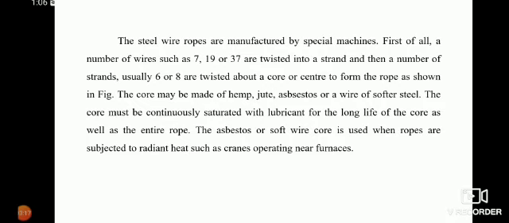The core may be made of hemp, jute, asbestos or a rod of softer steel. The core must be continuously lubricated for a long life of the core as well as the rope. The asbestos or soft steel core is used when the ropes are subjected to radiant heat, such as cranes operated near a furnace.